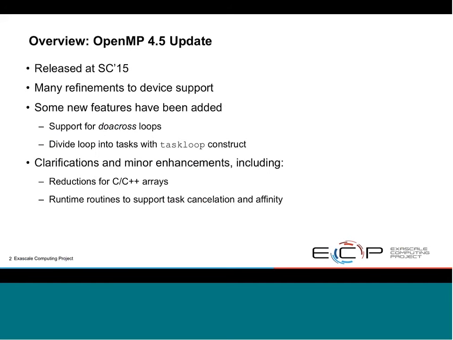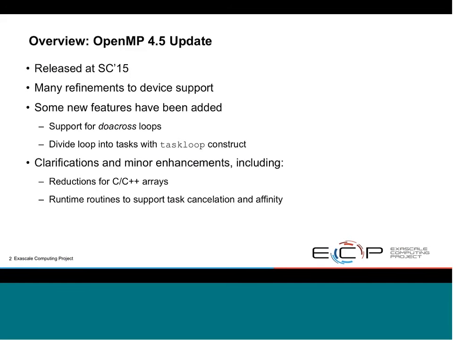But before we talk about the future, I just want to talk about what we currently have in OpenMP, which is OpenMP 4.5, which was released at Supercomputing in 2015. In this specification, we have many refinements in OpenMP to improve the support for accelerators in terms of the device support.